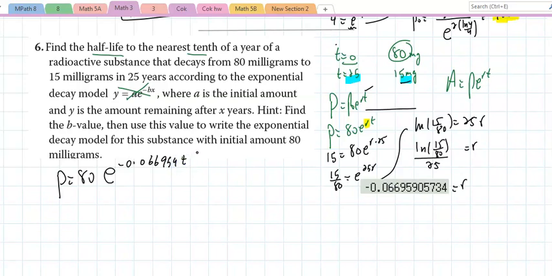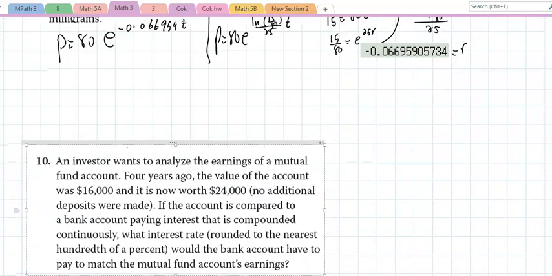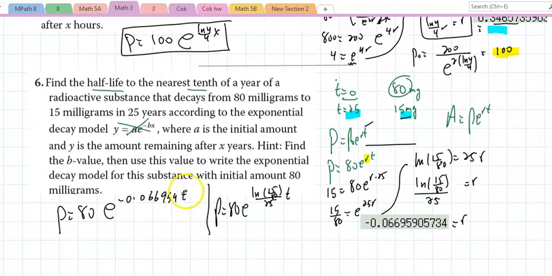Or you tell me P equals 80 e to the natural log of 15 over 80 divided by 25 t or x. Right? So how does that work? They want us to use y, you could put y instead of p.